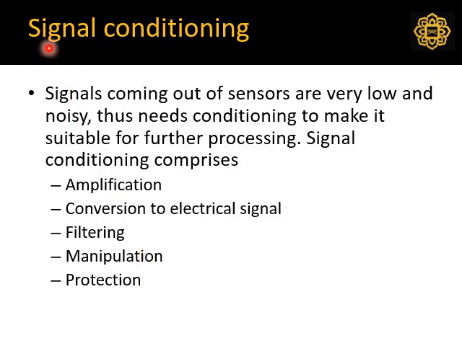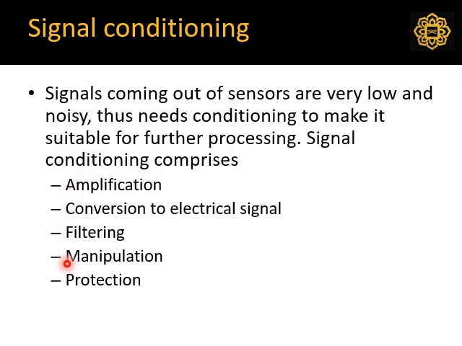Today we will be starting the signal conditioning. After you use a sensor, you may have to go through several signal conditioning phases before you can process the signal. Signal conditioning includes, for example, amplification, conversion from mechanical signal into electrical signal, filtering of the signal, manipulation, and protection.